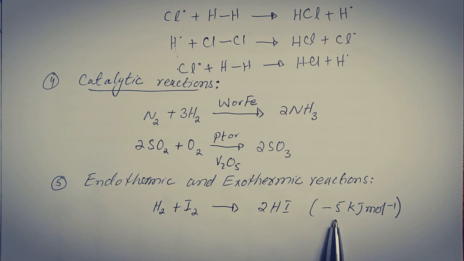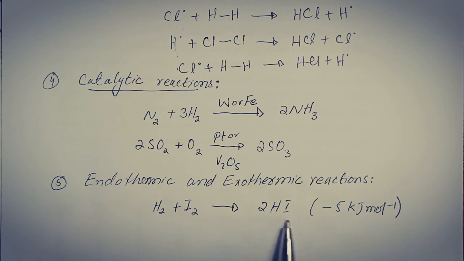So this reaction that is accompanied by the absorption of heat is known as an endothermic reaction. And reactions of this type require a constant supply of energy from outside to let them go smoothly.